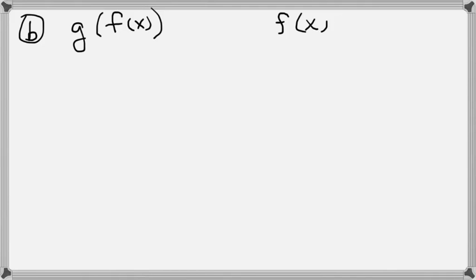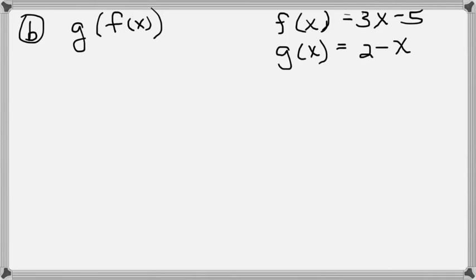I have f of x equals 3x minus 5. That part doesn't change. That was given to us in the textbook in this problem. This is problem 23. And then our g of x equals 2 minus x squared. And we have g of f of x.